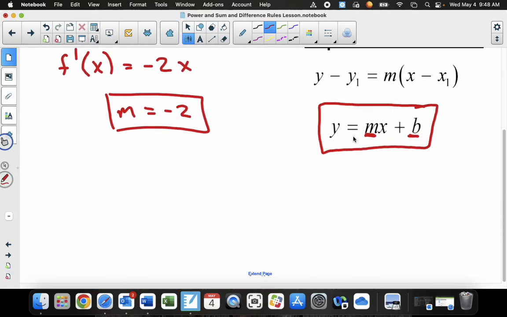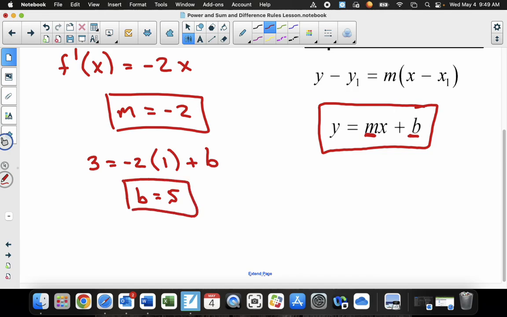If we take the 3 and plug it in for y, we've got 3 equals slope negative 2 times the x coordinate 1, and now we solve for b. This gives you negative 2. Add it over, we find out that your y-intercept is 5. And therefore, the equation of the tangent line is y equals negative 2x plus 5.